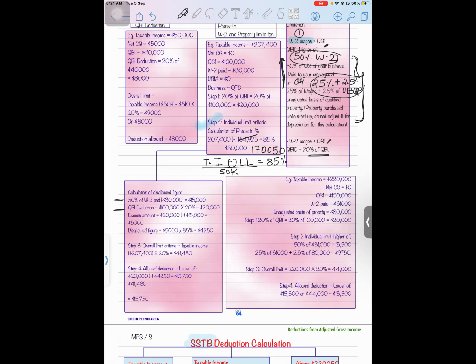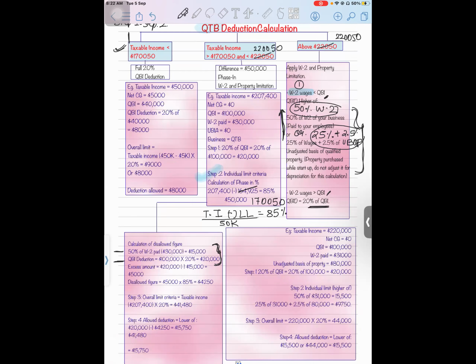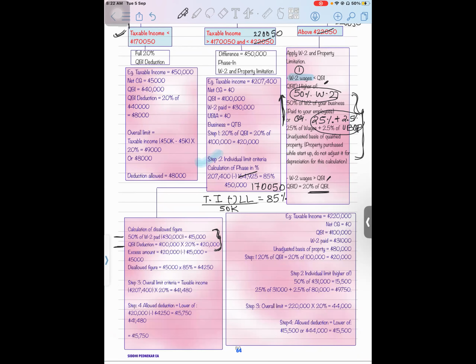Take the excess of these two. Only in this first step you see 50% of your W2 and compare it with your maximum QBI deduction.